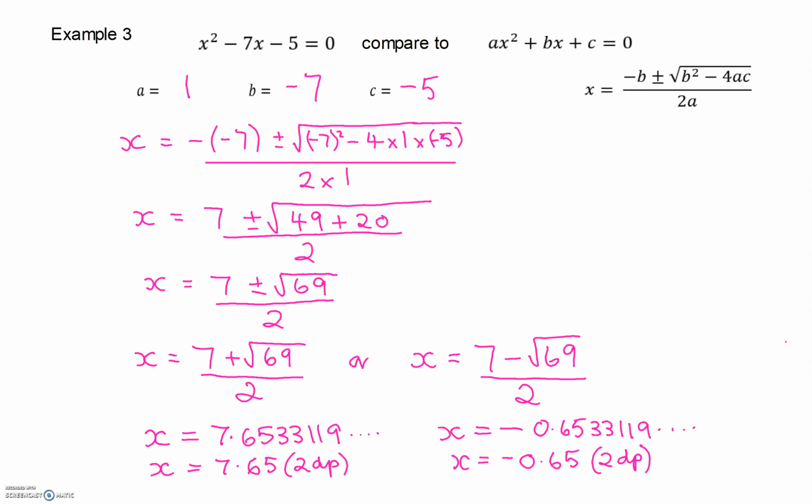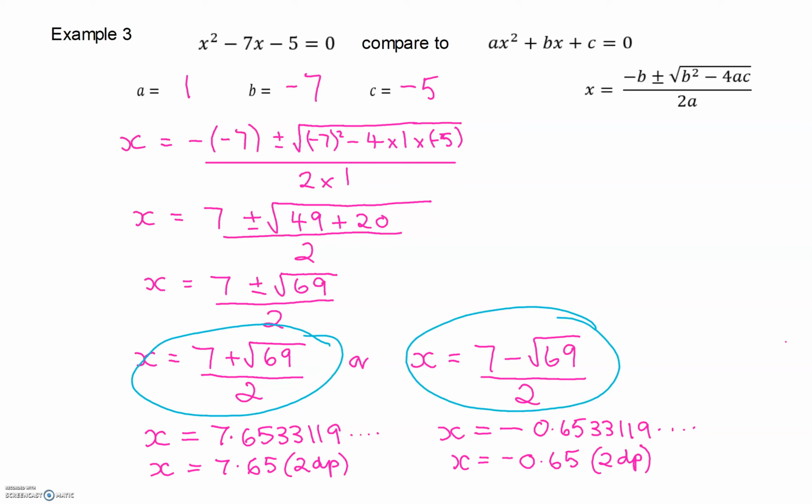So you can see from my solution here that A is 1, B is -7, C is -5. I've substituted it into the formula, being very, very careful with my negatives, and I've ended up with x equals 7 plus root 69 all over 2, or x equals 7 minus root 69 all over 2. Now, 69 is not a square number, so this is clearly not a nice answer.